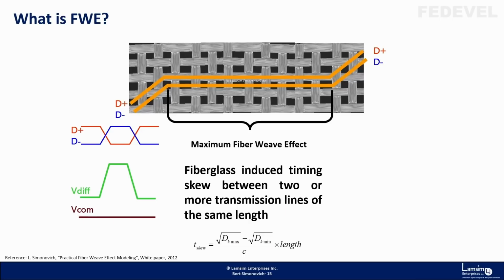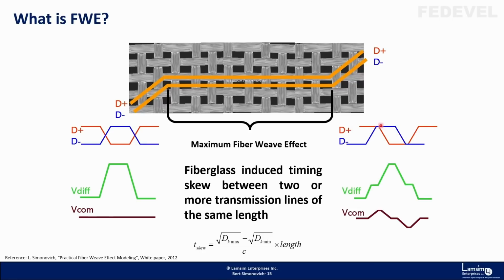When you end up with skew, it means the D plus will travel faster or slower because it's on the higher decay material and travels at a different speed than the minus. That's shown here, the D plus and D minus. What happens is your differential signal gets distorted. It gets smaller, and your common signal increases. So the more skew you have, eventually your eye is going to be totally closed.